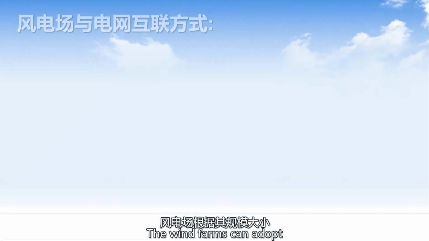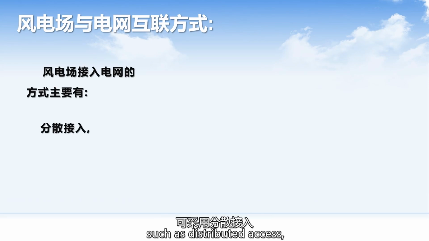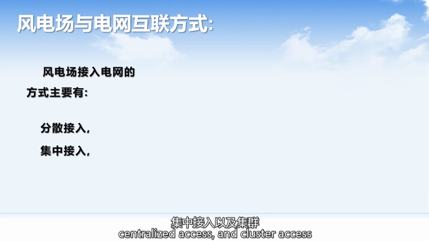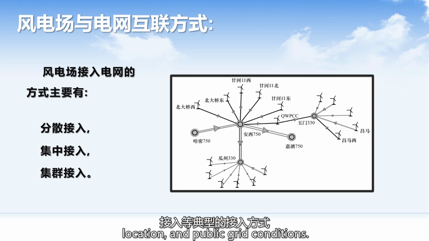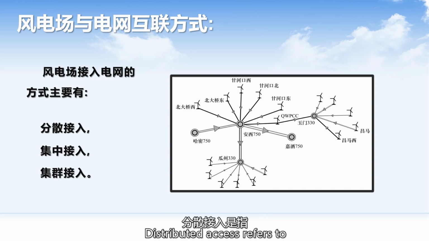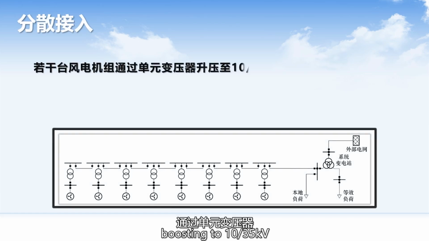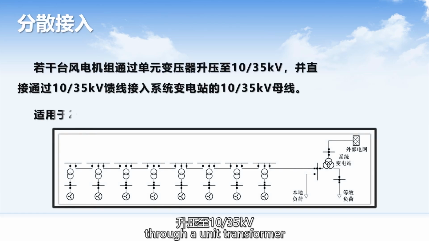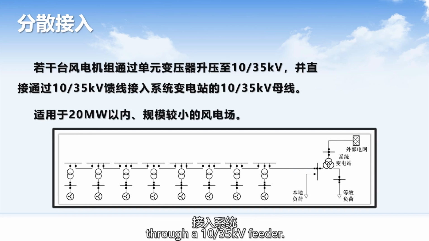The wind farms can adopt typical connection methods, such as distributed access, centralized access, and cluster access, based on their size, location, and public grid conditions. Distributed access refers to several wind turbines, boosting to 10 to 35 kilovolts through a unit transformer and directly connecting to the system through a 10 to 35 kilovolt feeder.